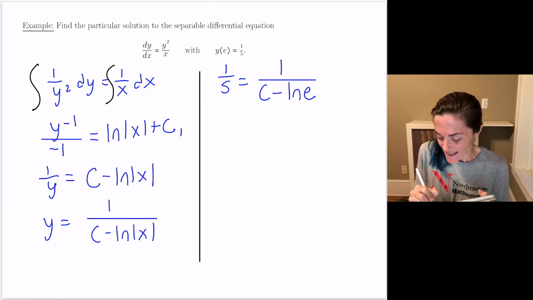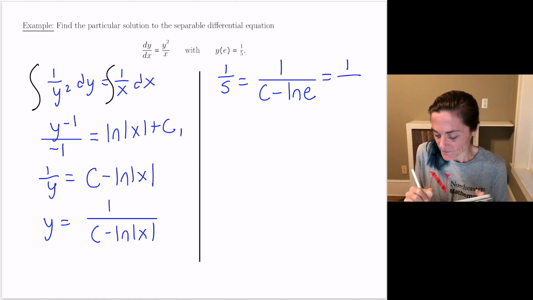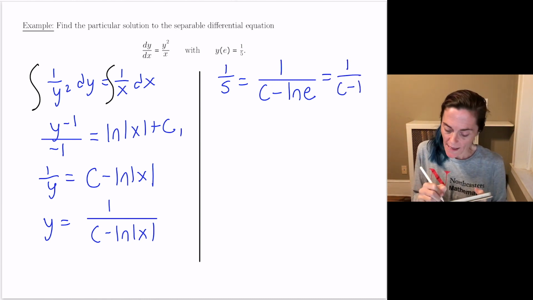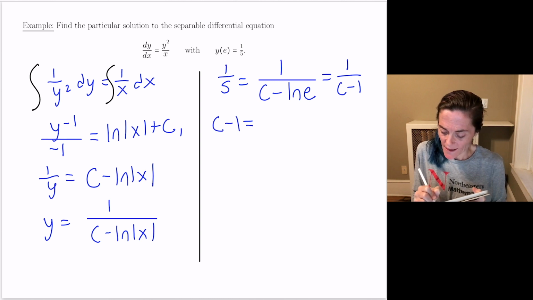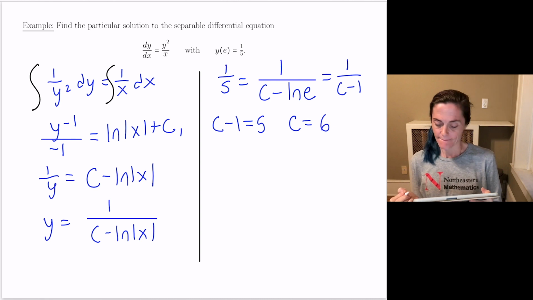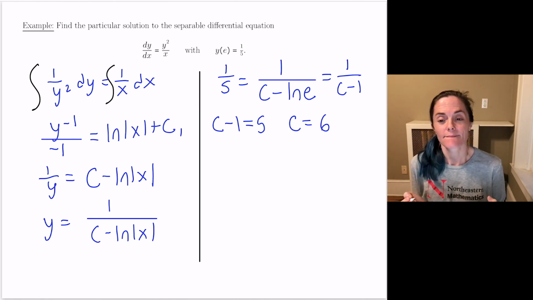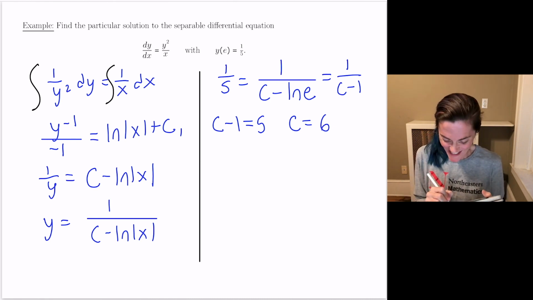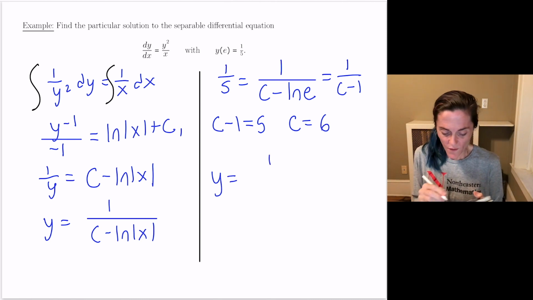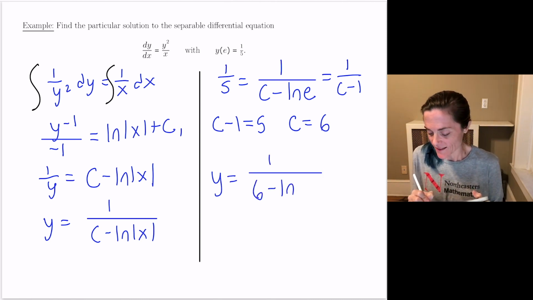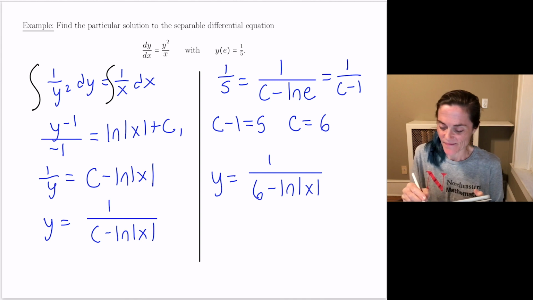Natural log of e is 1. So I get that c minus 1 equals 5, or c equals 6. Okay, final answer is y equals 1 over 6 minus ln absolute value of x.